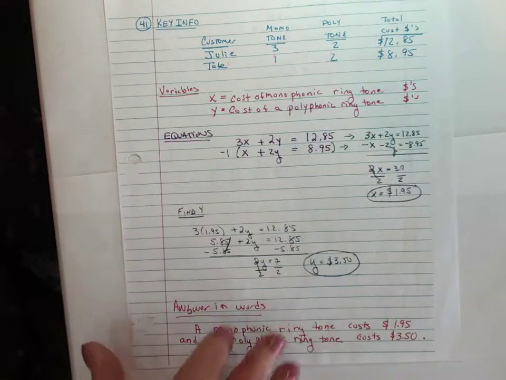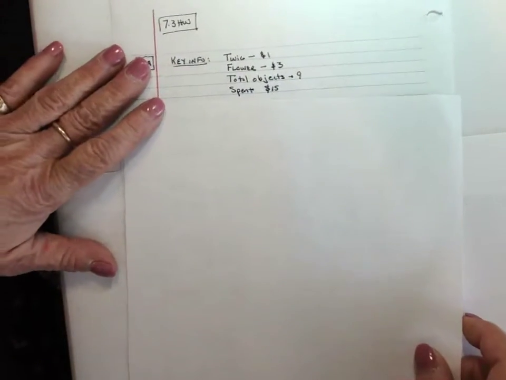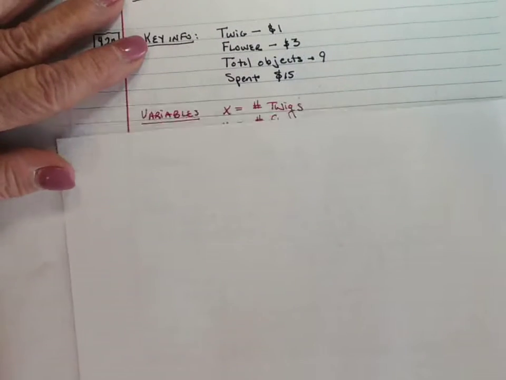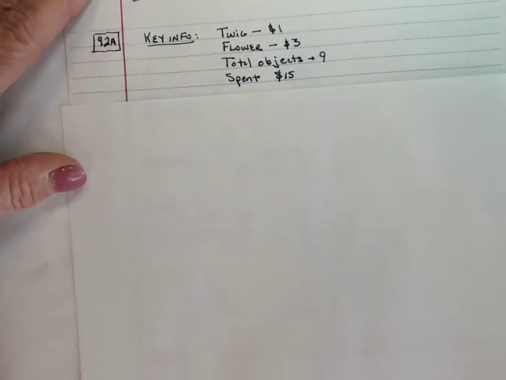The second word problem that you had was twigs and flowers. So you should have been at least able, for this problem, to write down the key information. They said a twig, they're doing flower arrangements, is $1.